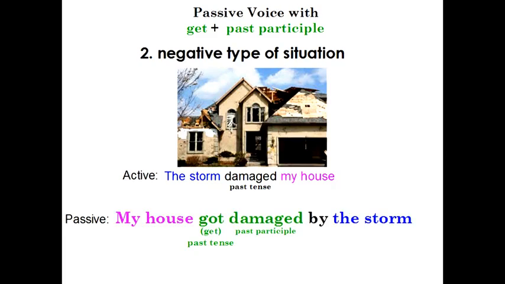So, just like I'm using damaged in the past, I'm using got in the past tense. And that controls my verb tense. But I'm using the past participle damaged here. Remember, that's the past participle. Okay? So, my house got damaged by the storm is an example of a negative type of situation where we can use get plus the past participle.